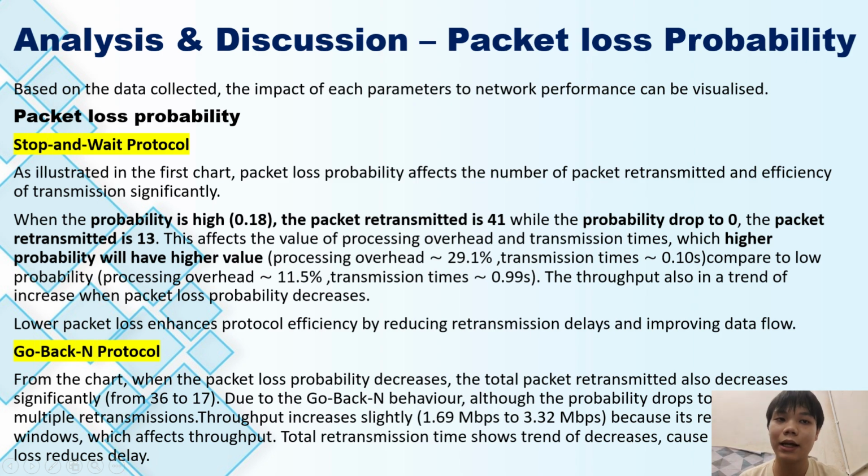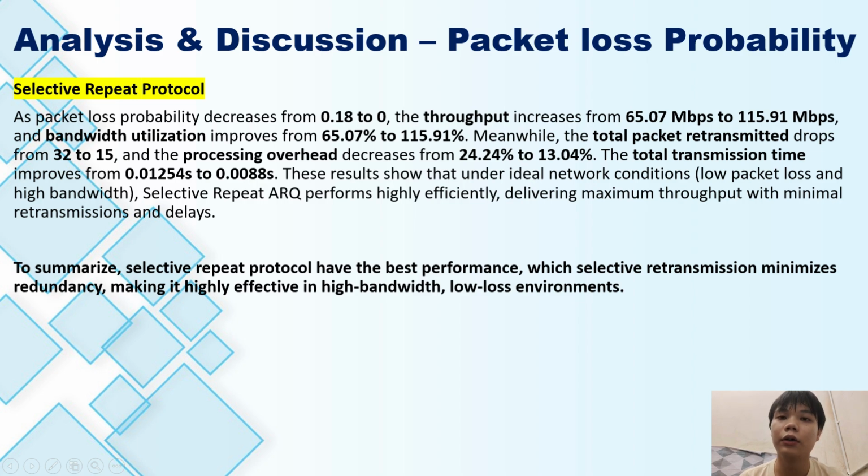Throughput increased slightly from 1.69 Mbps to 3.32 MB per second because it resends entire windows, which affects throughput. Total retransmission time shows a decreasing trend caused by lower packet loss and reduced delay.